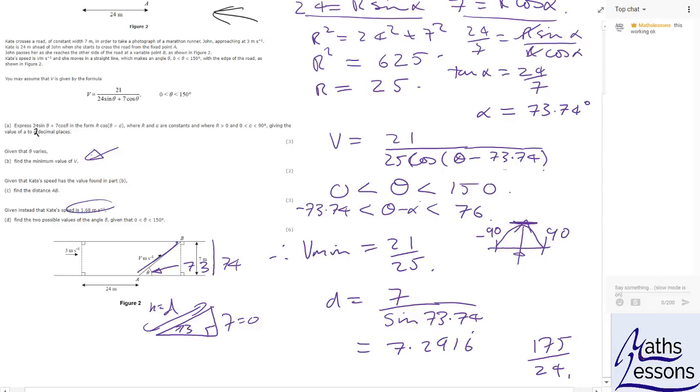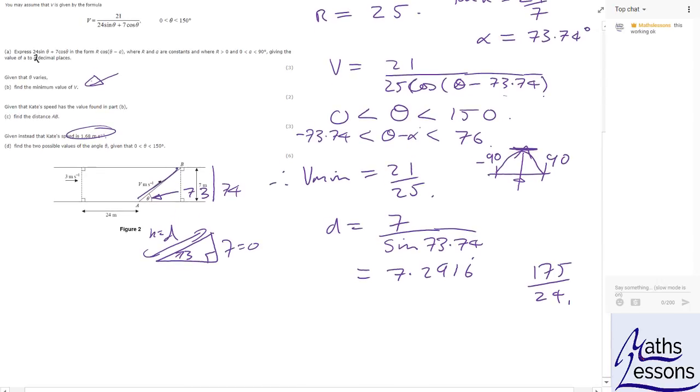Now, given instead Kate's speed is 1.68, find the two possible values of angle theta given that theta is between 0 and 150. So therefore we know that 1.68 must equal 21, that's V, over 25 cos theta minus 73.74.